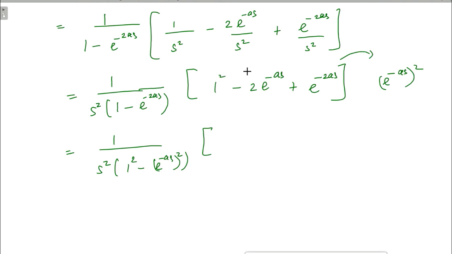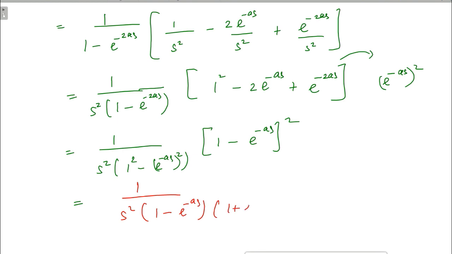So I have applied that formula, which is equal to 1 by s square, (1 minus e power minus as) into (1 minus e power minus as) whole square, divided by (1 minus e power minus as)(1 plus e power minus as). So you can cancel one term in the numerator as well as the denominator.